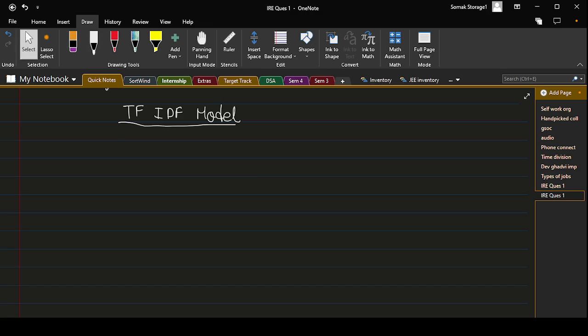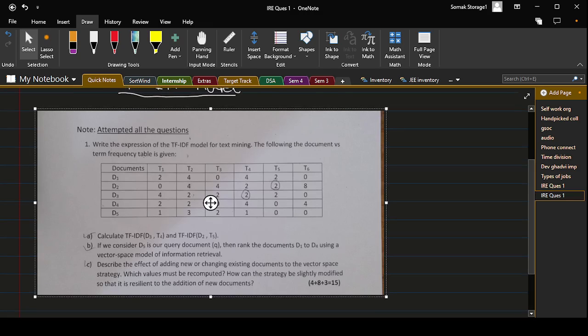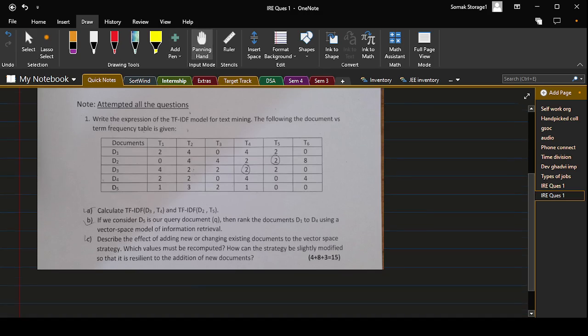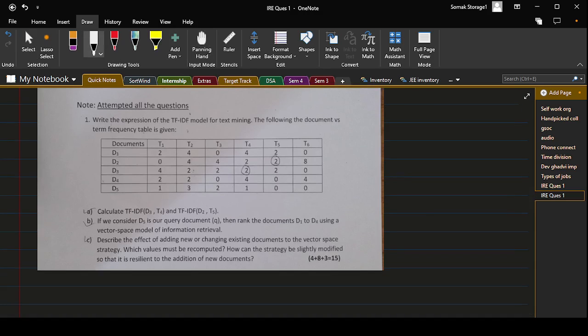So let me just place the question. So here is the question. We can see the first one: write the expression of the TF IDF model for text finding. The following document versus term frequency table is given. So what is given here? The term frequency table is given, right?